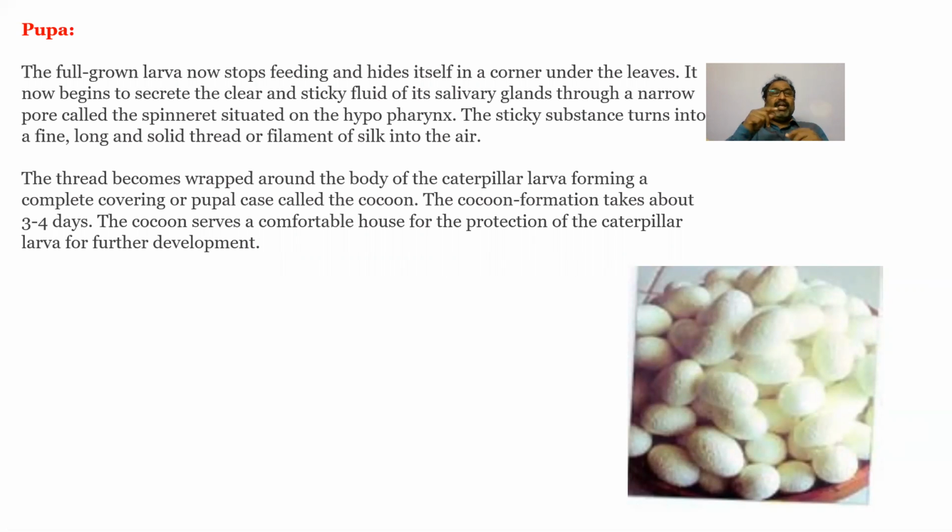This is the crucial period in the life cycle of the silkworm, my dear friends. It now begins to secrete a clear sticky fluid from its salivary glands. Salivary glands are nothing but silk glands.